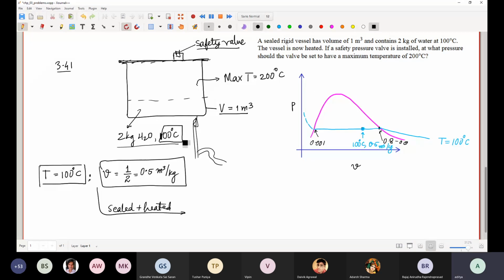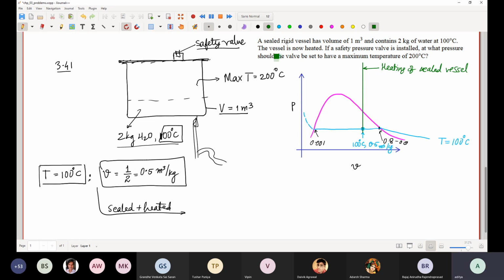So if the volume is fixed and the total mass of water inside is also fixed, whatever the final state will be, it will obviously lie on a vertical line like this. This particular line represents the heating of a sealed vessel.